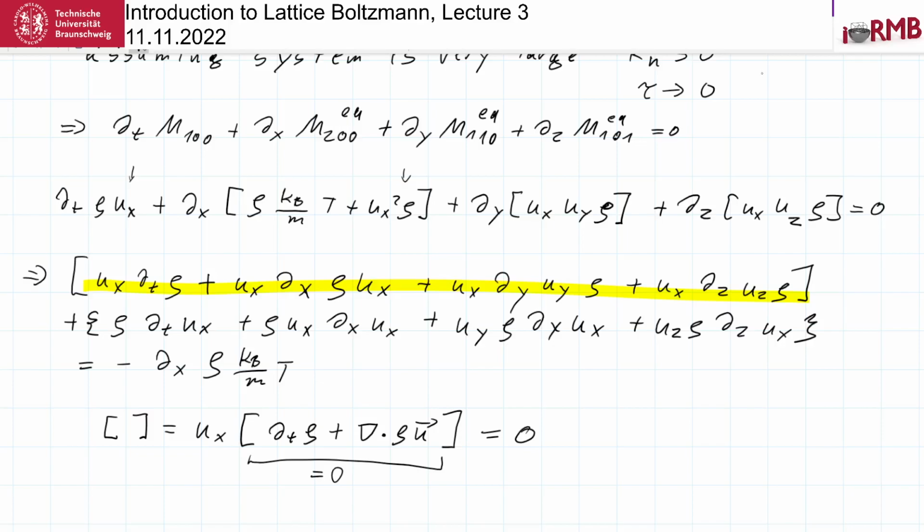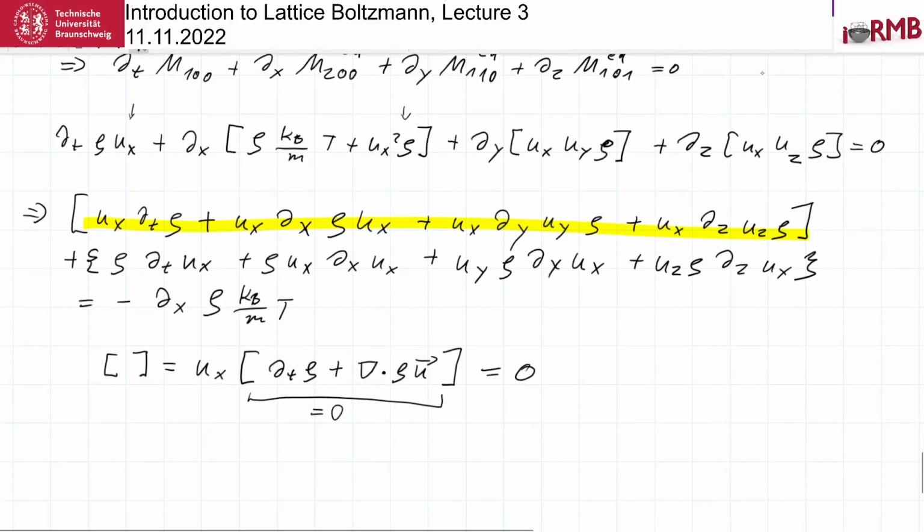And this remainder can also be rewritten in a little bit more beautiful form as rho times dt ux plus rho u times nabla u.